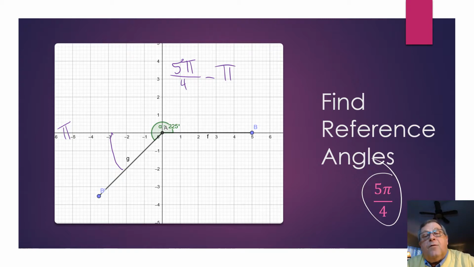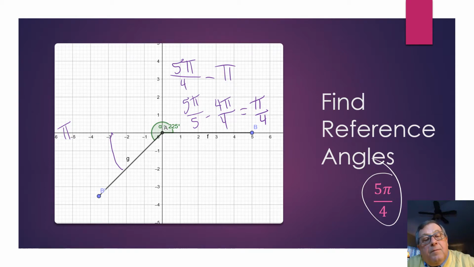And of course I could convert this pi to 4 pi over 4, so I can get a common denominator. 5 pi over 4 minus 4 pi over 4, and my reference angle is pi over 4.